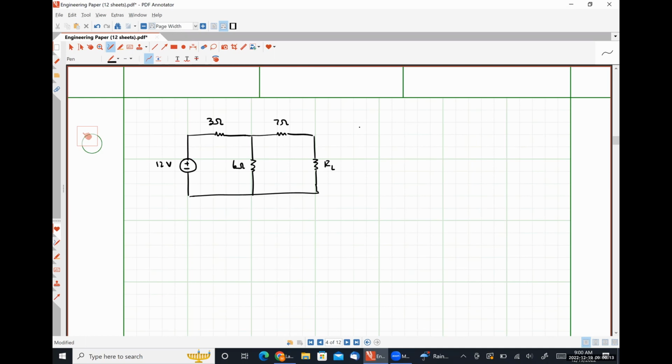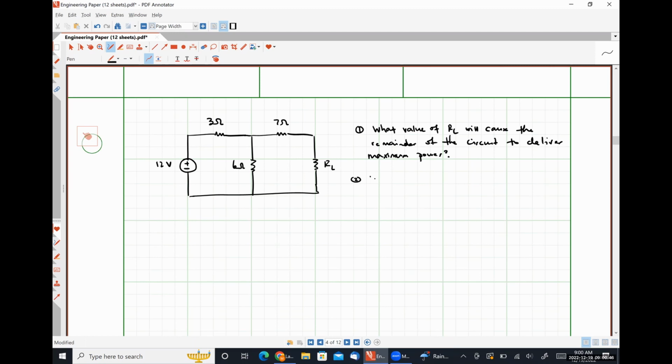We want to know two things. Number one, what value of RL will cause the remainder of the circuit to deliver maximum power?